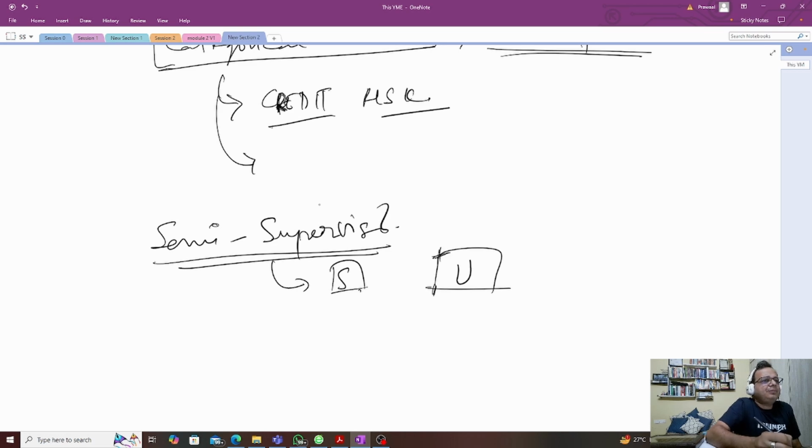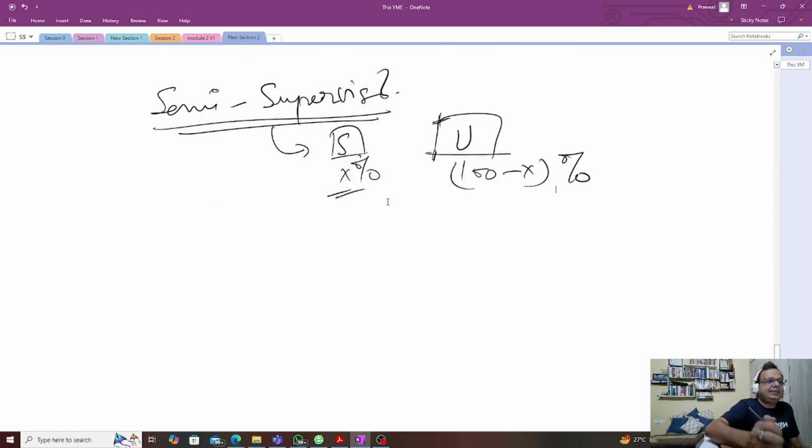So a lot of times, there is some proportion of your data that is supervised, that is labeled. Let's suppose it is a classification problem you're trying to solve. So there is a certain percentage of data that is supervised, and the remaining percentage of data is unsupervised. Now, how do we handle this kind of data? There can be multiple methods.